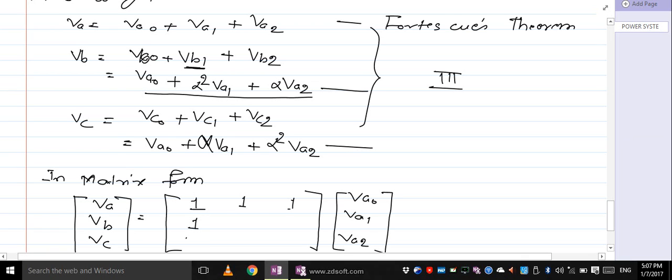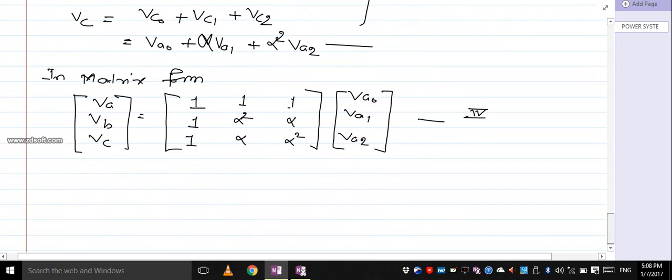The first column is always 1, and the other rows are 1, alpha square, alpha, and 1, alpha, alpha square. This will be equation 4.